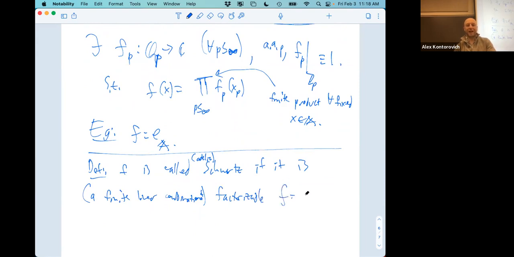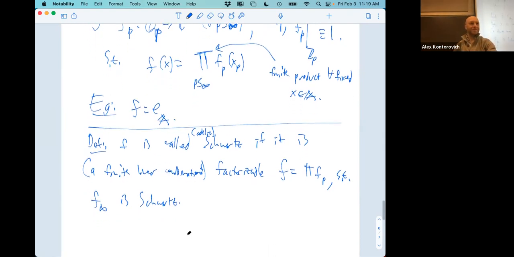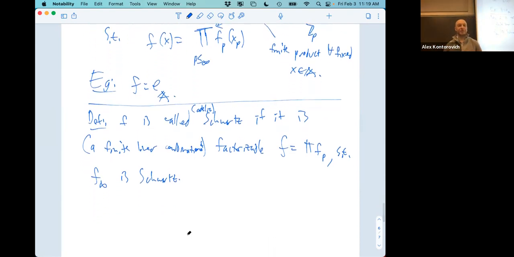So let's say f is a product of these f_infinity, f_p, such that f_infinity is Schwartz in the usual sense of the term: all derivatives go to 0 faster than any polynomial, for f_infinity, the real place.